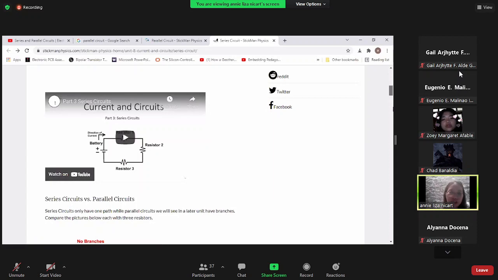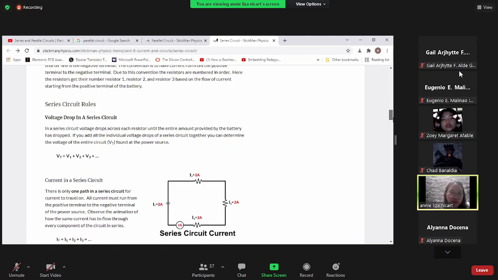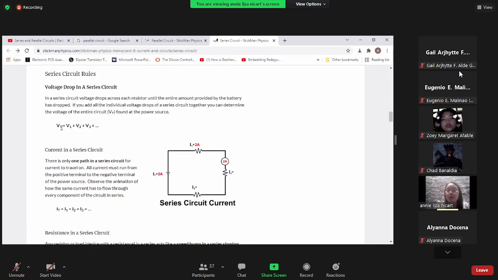It is divided. The total voltage, which is the voltage supplied by the source, is divided among the loads, depending on their resistance. The higher the resistance, the more voltage required. Okay, so we have V1 plus V2 plus V3 and so on.